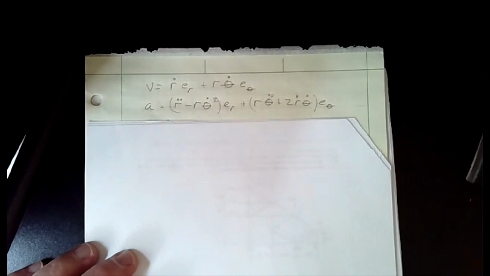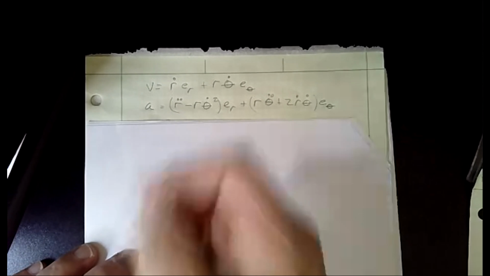So now if we want to put in our acceleration, then we just plug in our numbers. So now we have A equals, and I guess we should see these and make it a little easier. So we have our numbers. So it's just a matter of plugging them in.